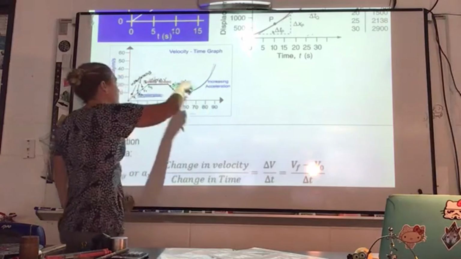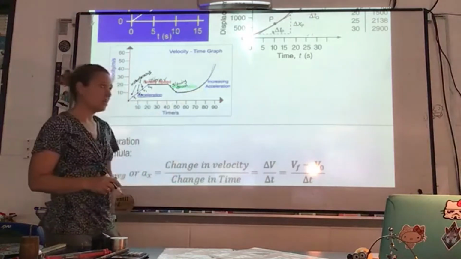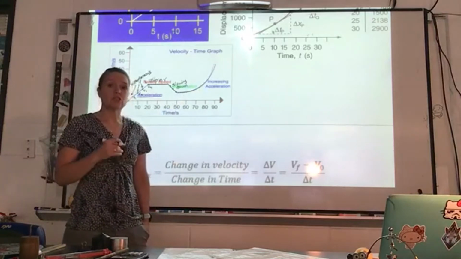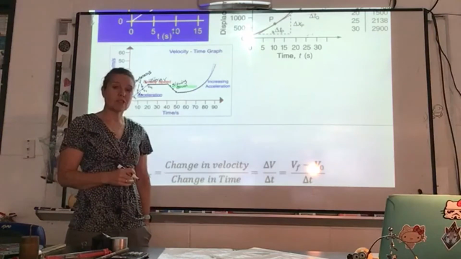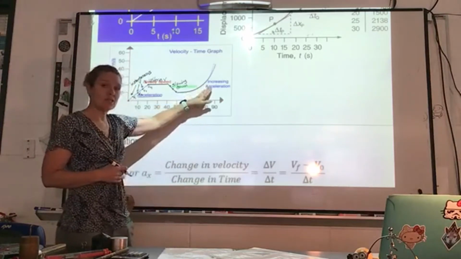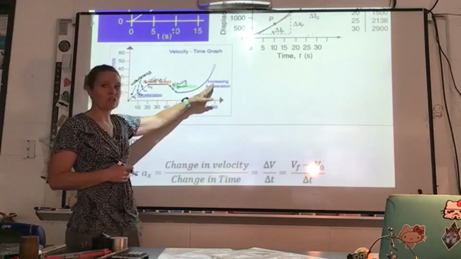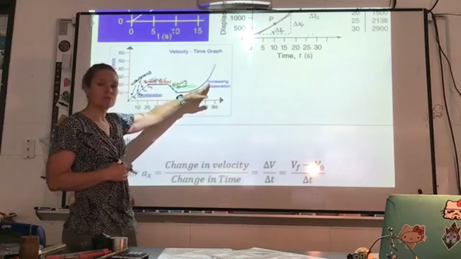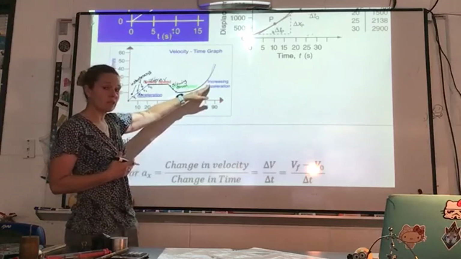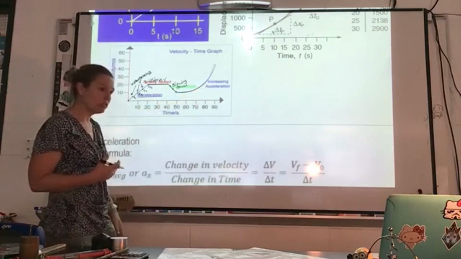We have a velocity versus time graph curve. If that's the case, not only are you changing your velocity, you're changing your velocity at a changing rate. This is pretty complicated. We will not do math problems like this, but I can show you pictures on a graph, and you can pick an answer for a multiple choice question about something like that. But we will not be doing math with an increasing acceleration.